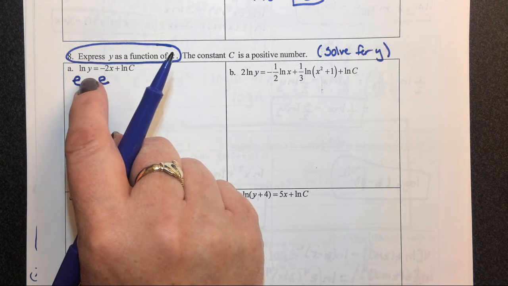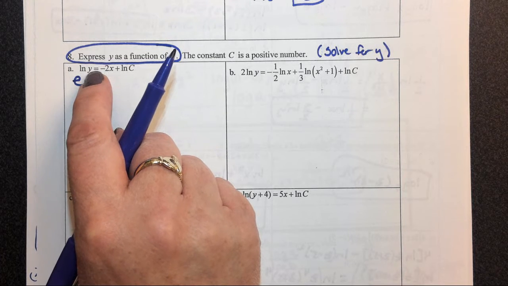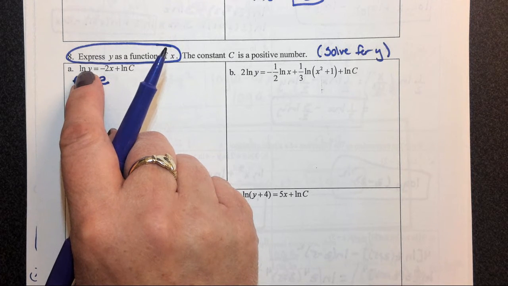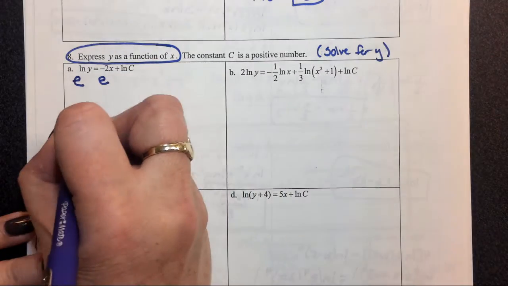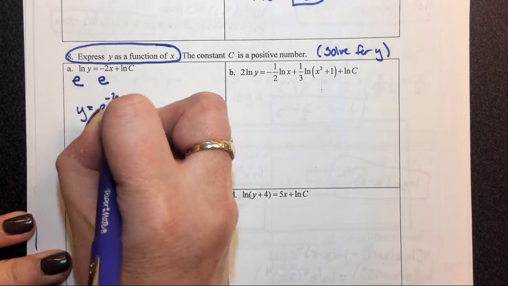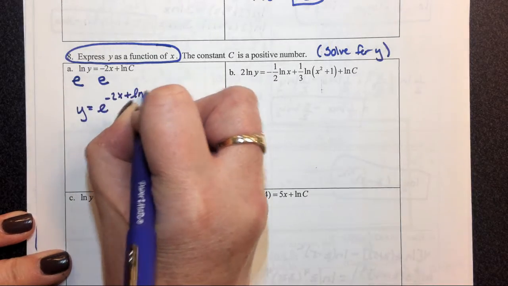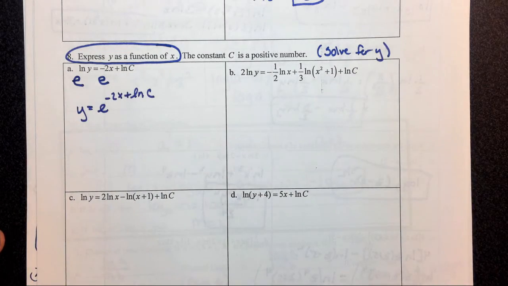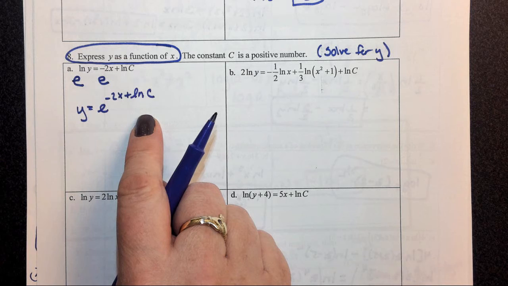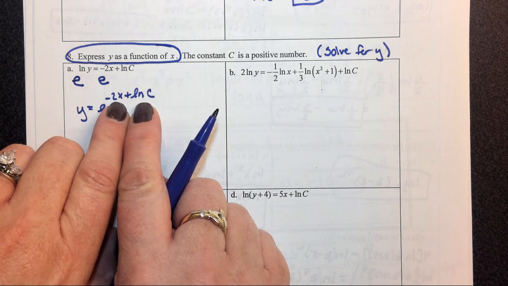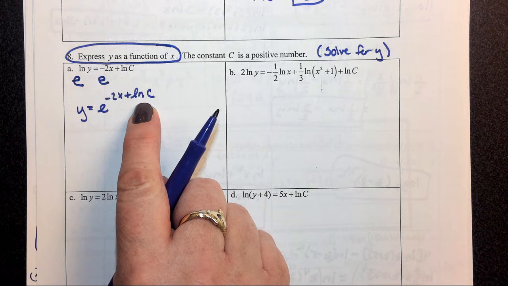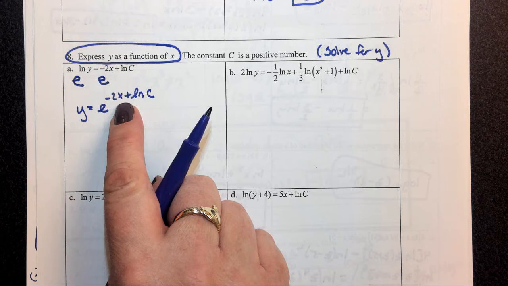So now, looking on the left-hand side, e to the natural log of y. Well, e raised to the ln, what's going to happen? Those are going to cancel out. So I'm left with y is equal to e to the negative 2x plus natural log of c. Now remember what we just talked about with the properties of exponents. What happens when you see an addition sign in the exponent? You can break apart those properties of exponents. So when do we add exponents together?